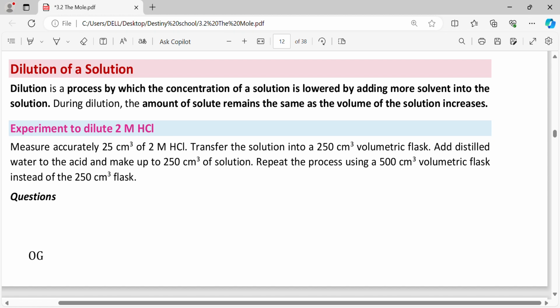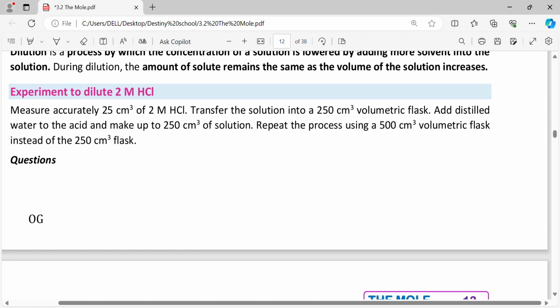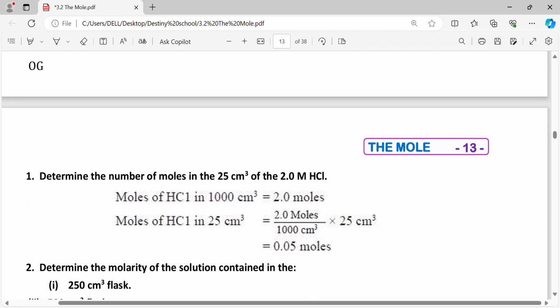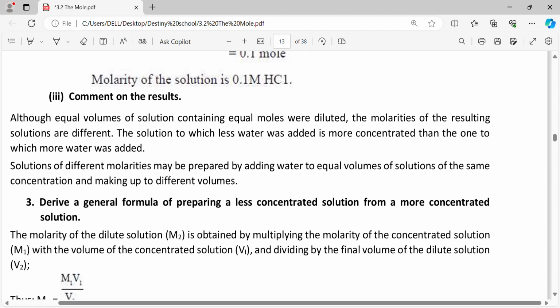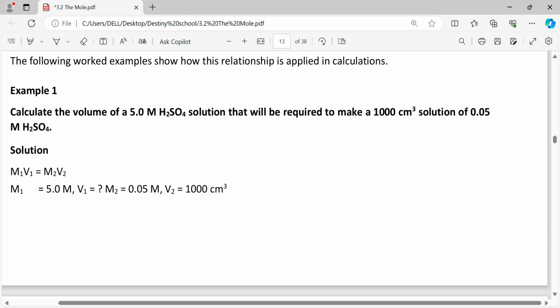Remember, kiasi ya sukari pale ndani haibadiliki, ni maji unaongeza. So ni maji inaongezeka, but the amount of the solute itself does not change. It is the volume of the solution that increases. So in the process it will have a different taste, and of course the concentration is going to be lower. So that is now dilution.